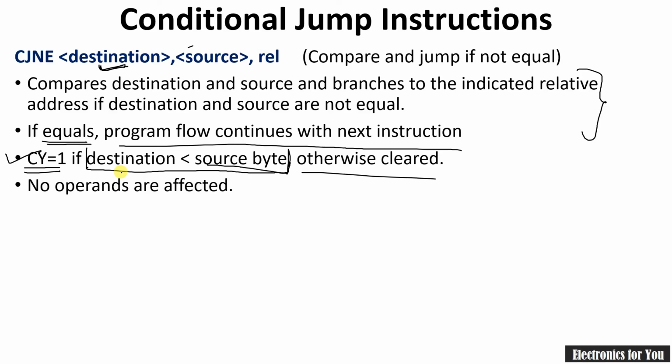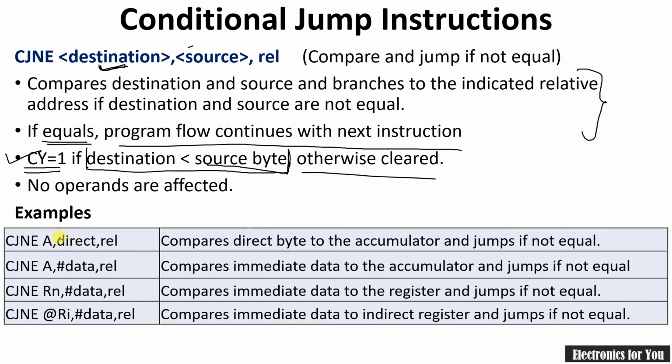These are the examples of the CJNE instruction. Here accumulator and direct RAM address, then accumulator and immediate data byte, then register and immediate data byte, similarly indirect address and immediate data.